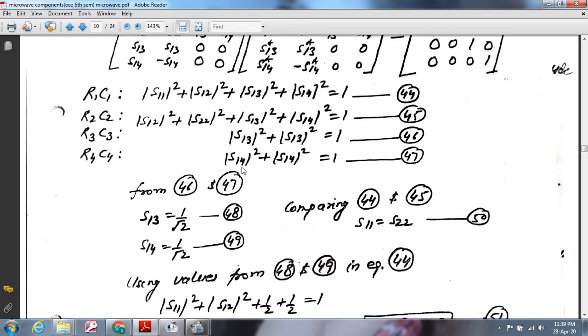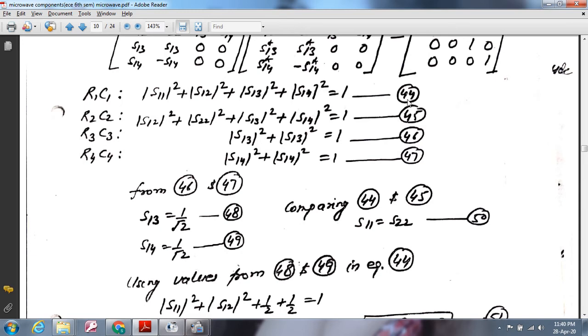Similarly, from equation number 47, S14 square plus S14 square equals 1, so twice S14 square equals 1, and from here S14 equals 1 by root 2. This will be 49. So from 46 we get S13 equals 1 by root 2, and from equation 47 we get S14 equals 1 by root 2.